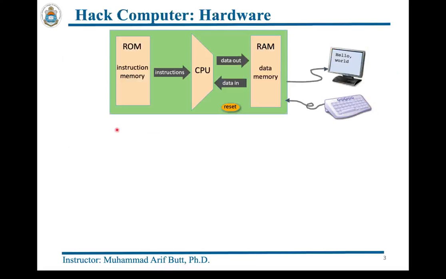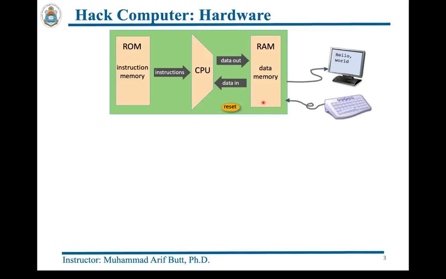Dear students, let us first quickly have a recap of the hack computer hardware, most of which we have already designed in the form of individual chips, and sometime later we will inshallah integrate all those chips to have a complete hack computer as shown over here.